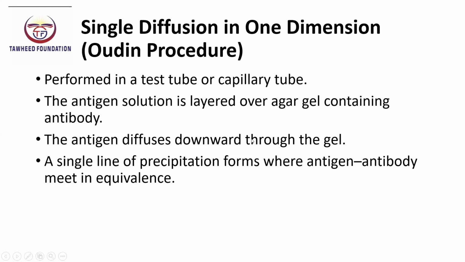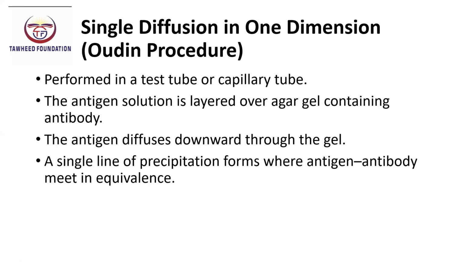Next is single diffusion in one dimension, the Oudin procedure. The Oudin procedure is the simplest form of immunodiffusion performed in one dimension. It is carried out in a test tube or capillary tube where a column of agar gel contains a uniformly distributed antibody. A layer of antigen solution is carefully placed on top of the agar. The antigen molecules slowly diffuse downward through the gel and meet the antibody molecules within it.